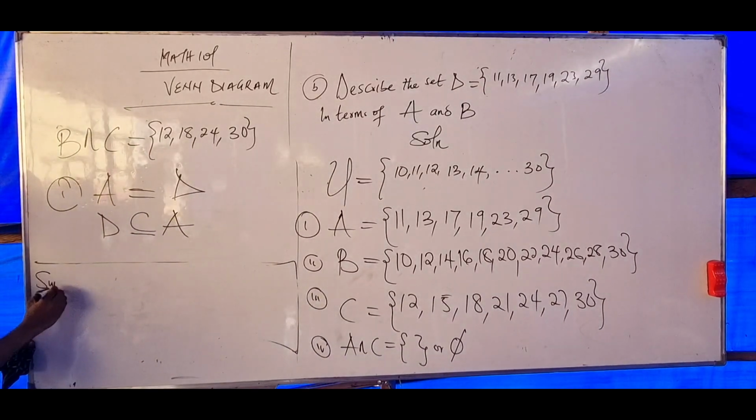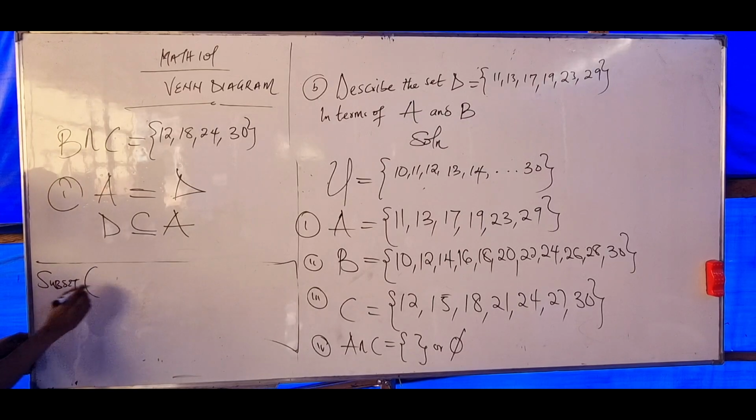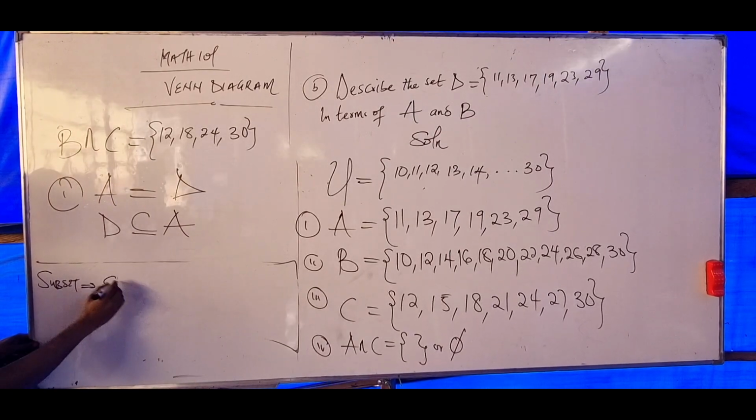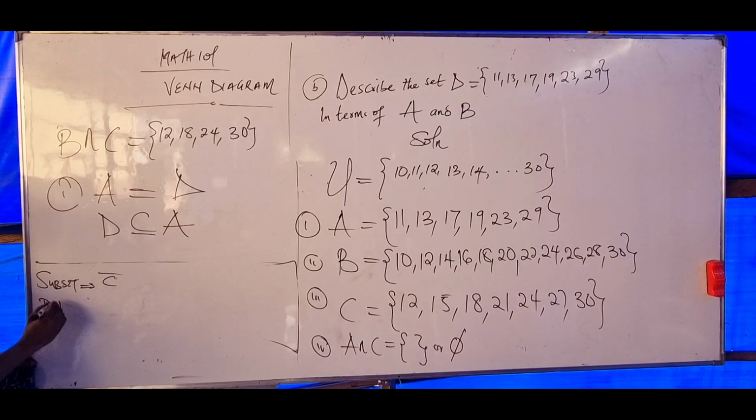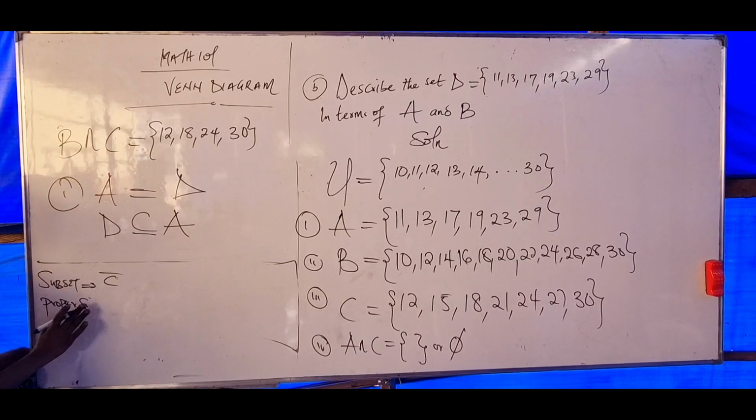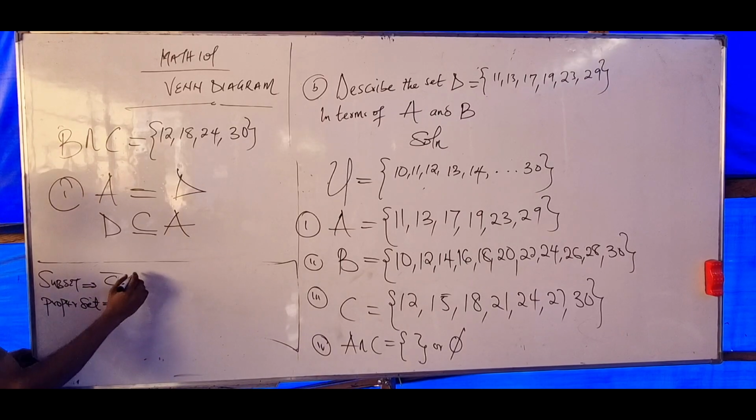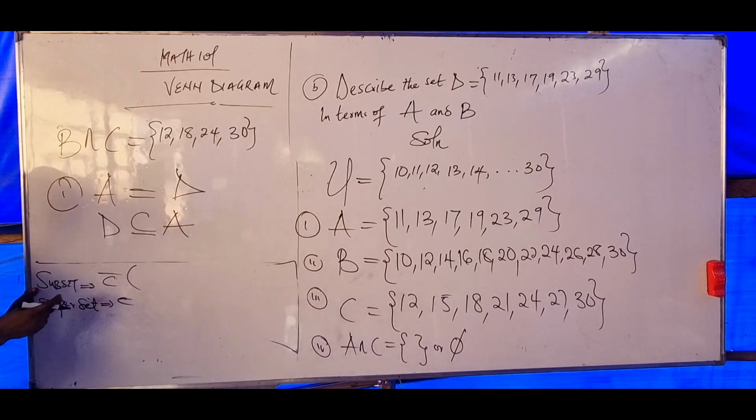Let me bring it down again. We have subsets, and we have proper subsets. We have only 2 conditions that satisfy this.